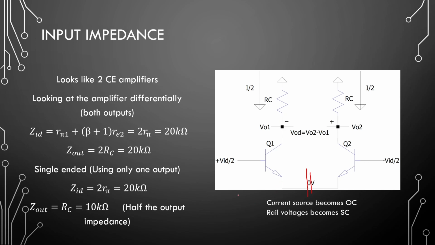Right, so when we are looking at both inputs simultaneously, or we can do it just by looking at one at a time, we have a differential input impedance. With the MOSFETs, this is infinite, but with BJTs, it is a little bit different.